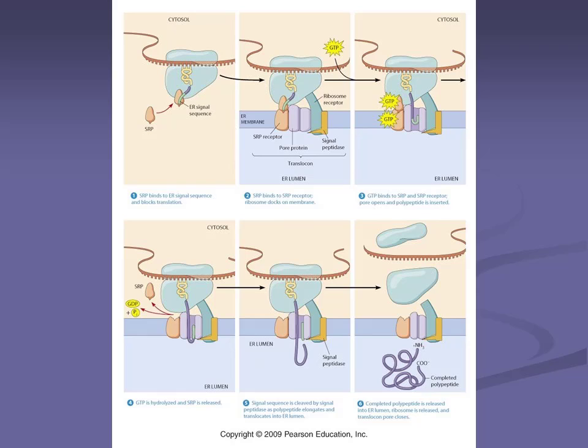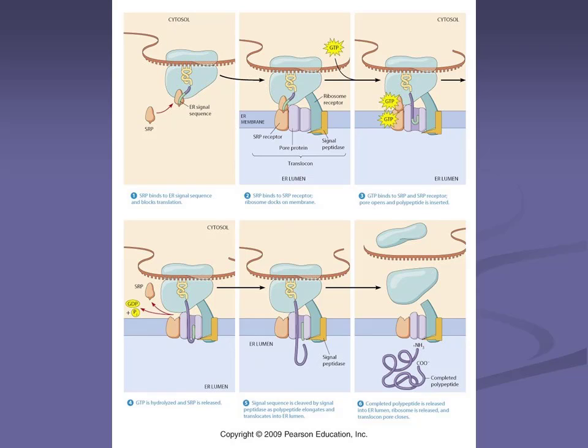Now, at the same time, if you have a hydrophobic region, remember those hydrophobic amino acids at the transmembrane portion? If you have a hydrophobic region, it's going to get stuck in the middle here. So you'll have the part that extends down into the lumen of the ER. You'll have a part that gets stuck in the ER membrane, and then you'll have a part that's still sticking out here in the cytoplasm.